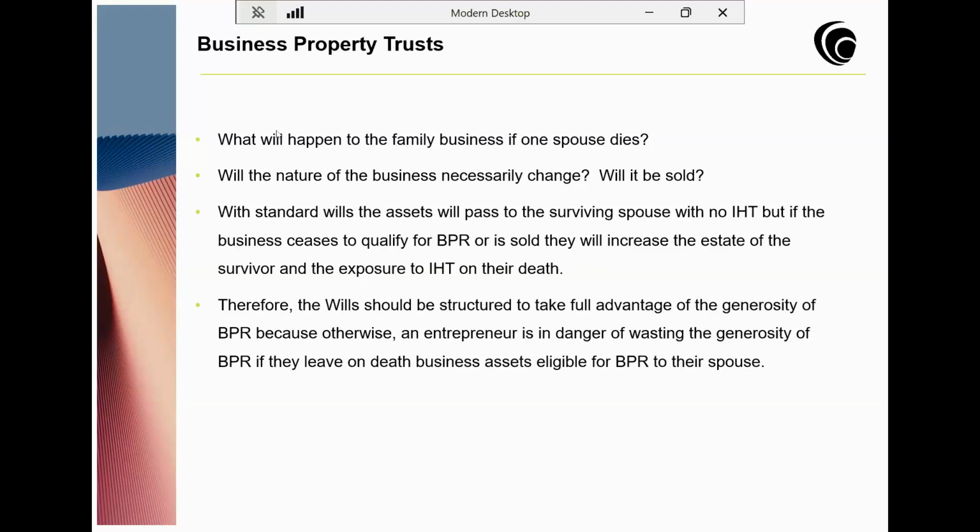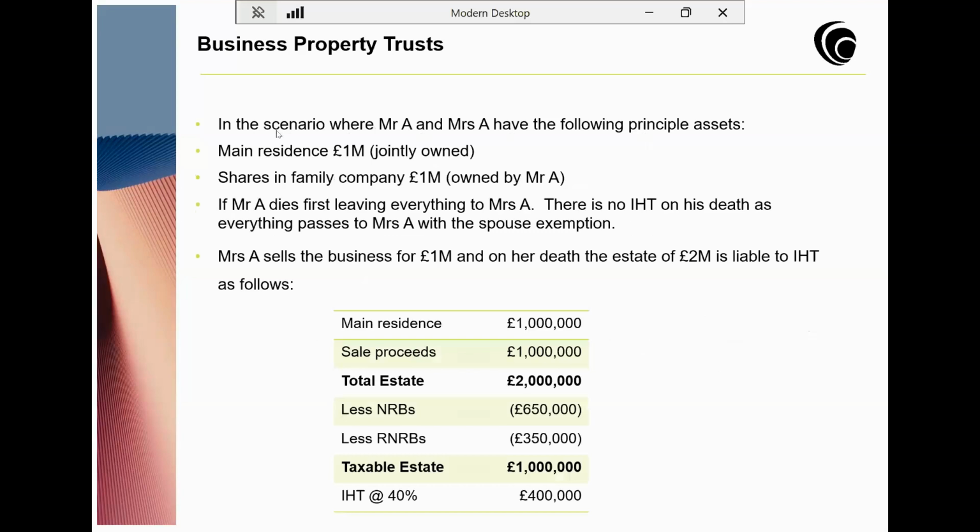Therefore, wills should often be structured to take full advantage of business property relief. Otherwise, clients are in danger, of course, of wasting the generosity of BPR if they leave on death business assets eligible for the relief to their spouse. So the problem is probably best illustrated with an example.